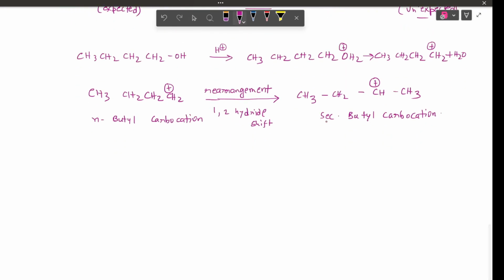Now this carbocation is more stable. Now one proton will go away. It will be CH3, CH double bond CH, CH3, and H plus. This is but-2-ene, and this is your major product.